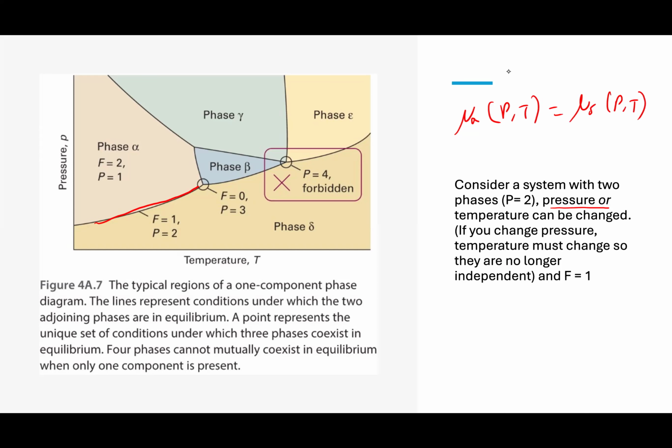Mathematically, there's only going to be a certain number of solutions that satisfy both of these functions. Let me see how the book describes it.